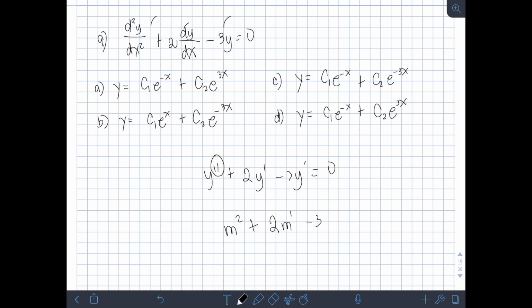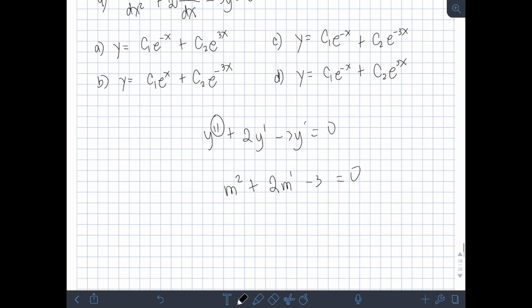So, minus 3 na lang. M raised to 0 or 1 equal 0. Then, tsaka natin solve yung roots nitong auxiliary equation. So, m factoring na lang, plus minus equal 0. So, m is equal to 1 or m is equal to negative 3.